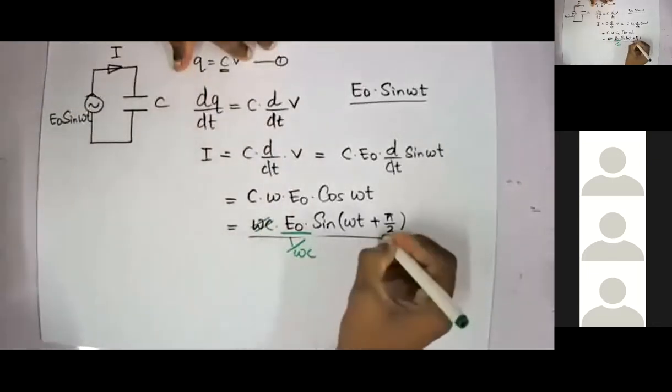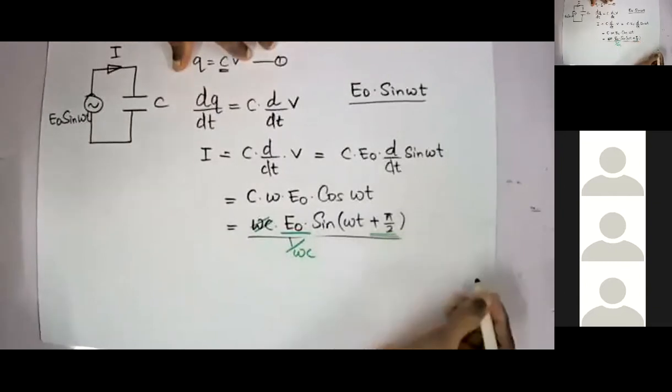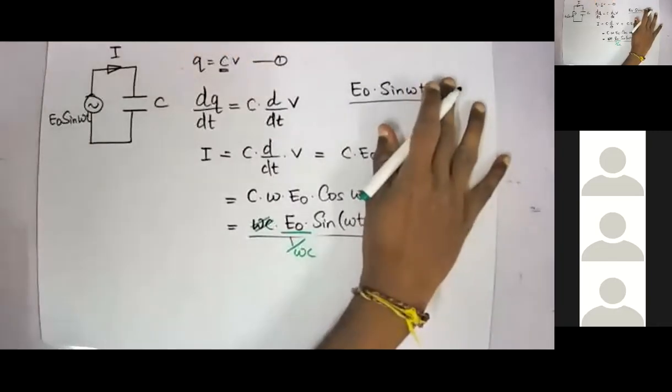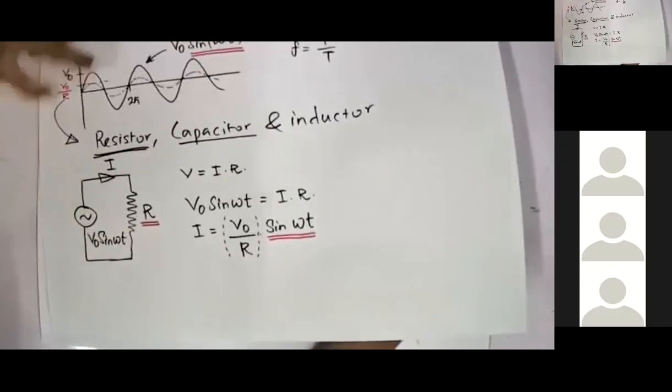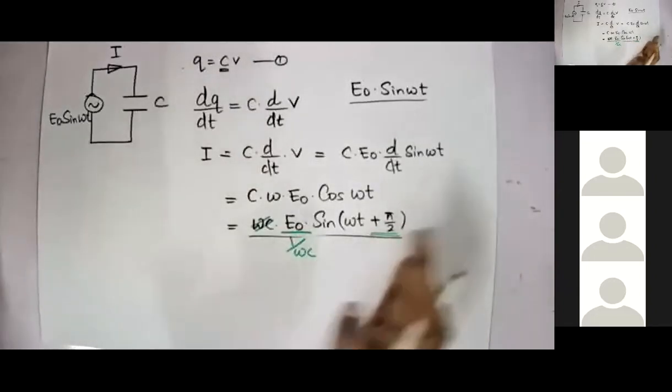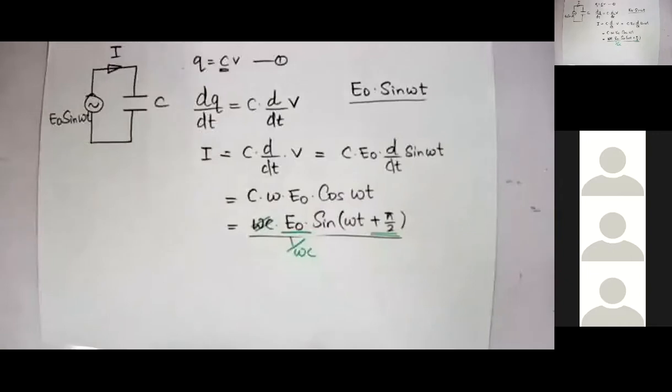And then I have a plus 90 degree here. Sine omega t represents the sinusoidal wave, but I have a plus 90, which starts before your input.